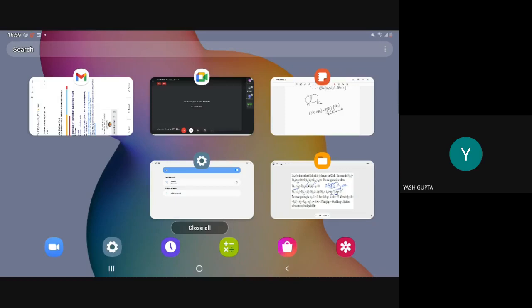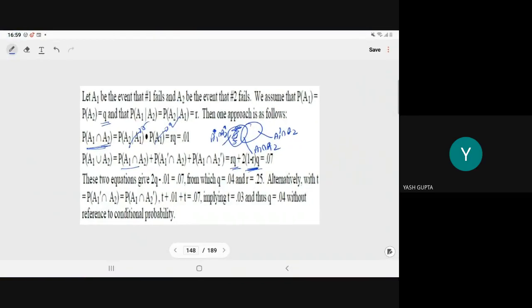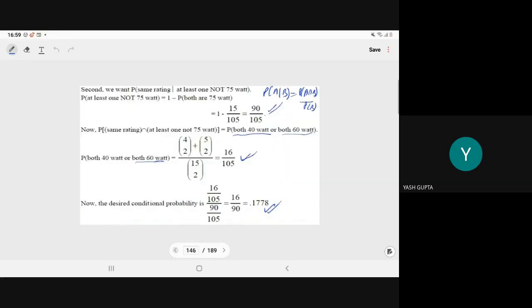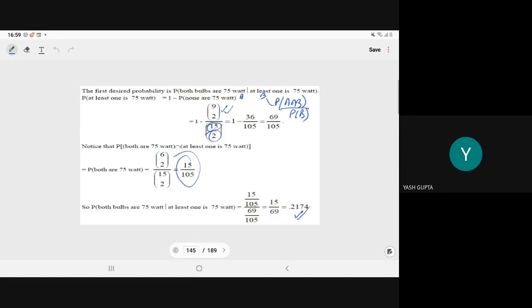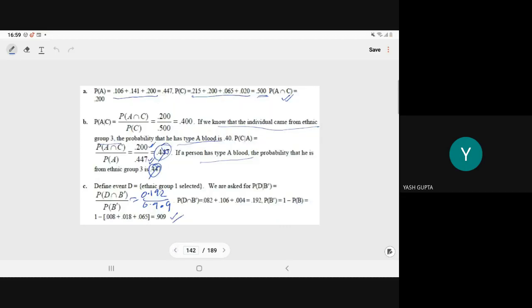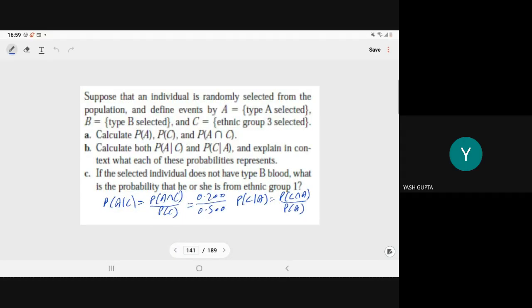Like P(A intersection C) equals P(A) into P(C), assuming both are independent events?